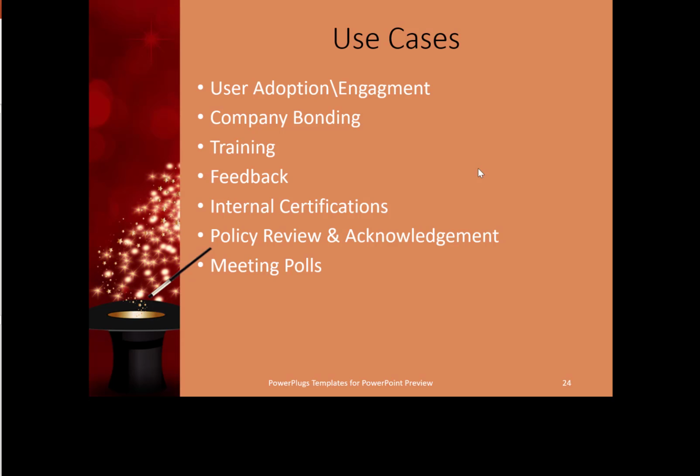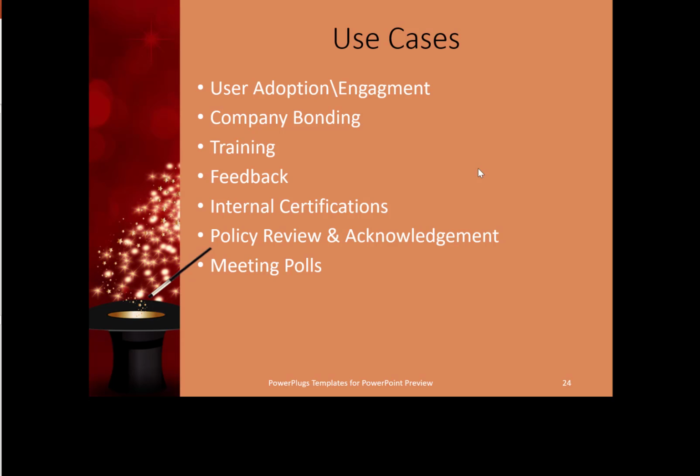And then write questions, like when a client gets ready to deploy a new intranet, type in questions, where do you find this? Where do you find that? And kind of make it a game, right? So they fill it out, they're learning their new intranet, but at the same time they're filling it out because maybe they can win a $50 Amazon gift card or something to the company store, that type of thing. So it really helps, like I said, with user adoption, company bonding. Everybody likes a healthy competition.